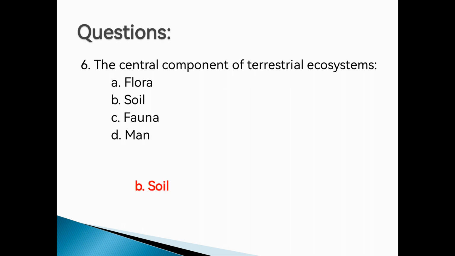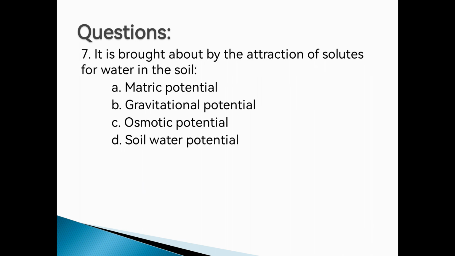Soil. Question number 7. It is brought about by the attraction of solutes for water in the soil. A. Matrix potential, B. Gravitational potential, C. Osmotic potential, D. Soil water potential.